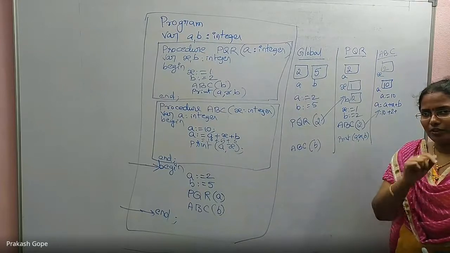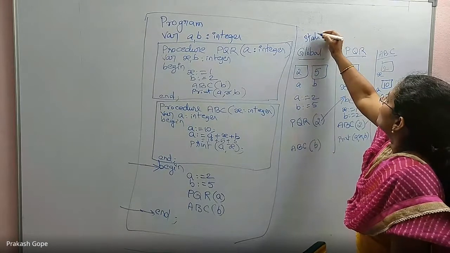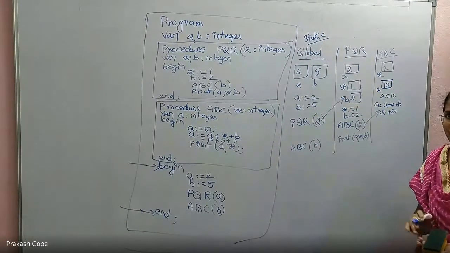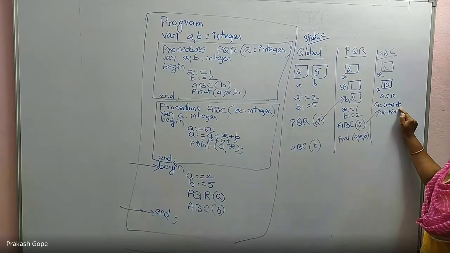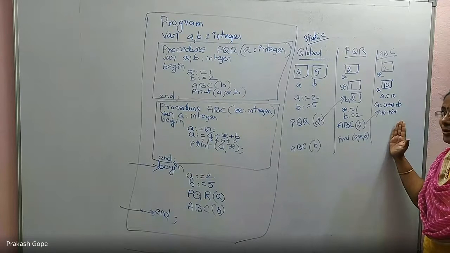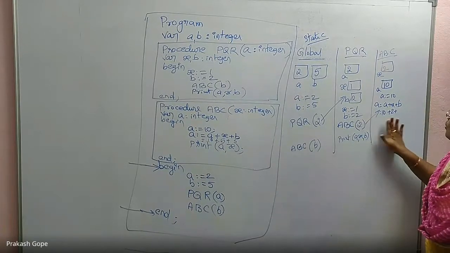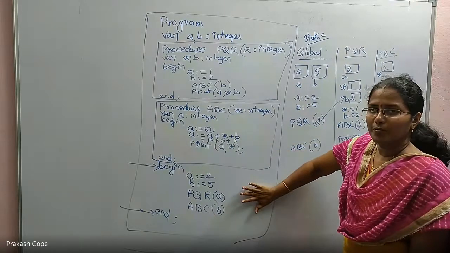Then I will look at the question. The question is about static scope. They are asking what the answer is if you follow static scope, so I am solving static scope now. Static scope says when you access B which is not locally declared, you will access B from its outer block. Who is the outer block for ABC? ABC's outer block is the global program.